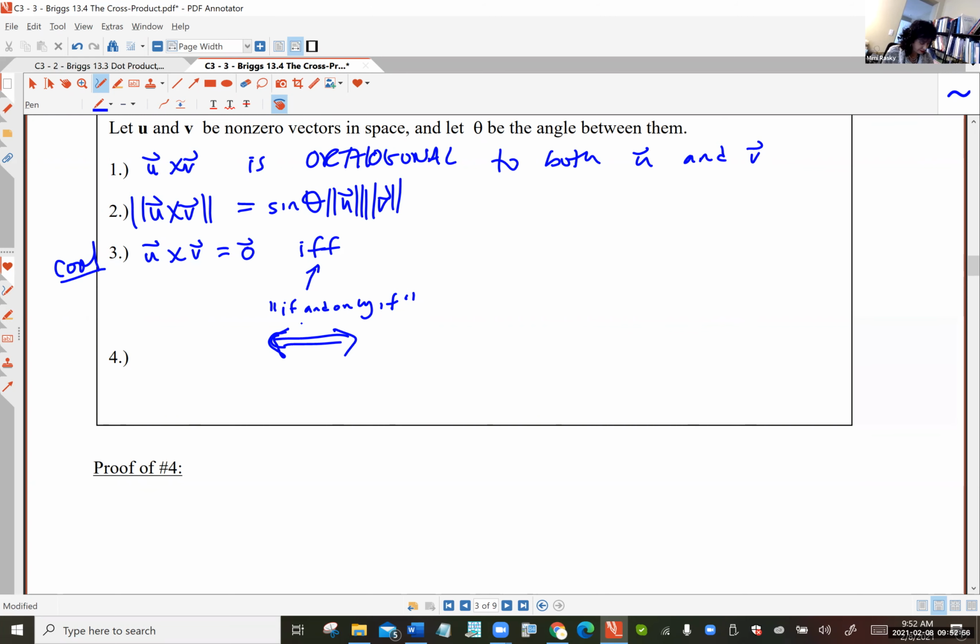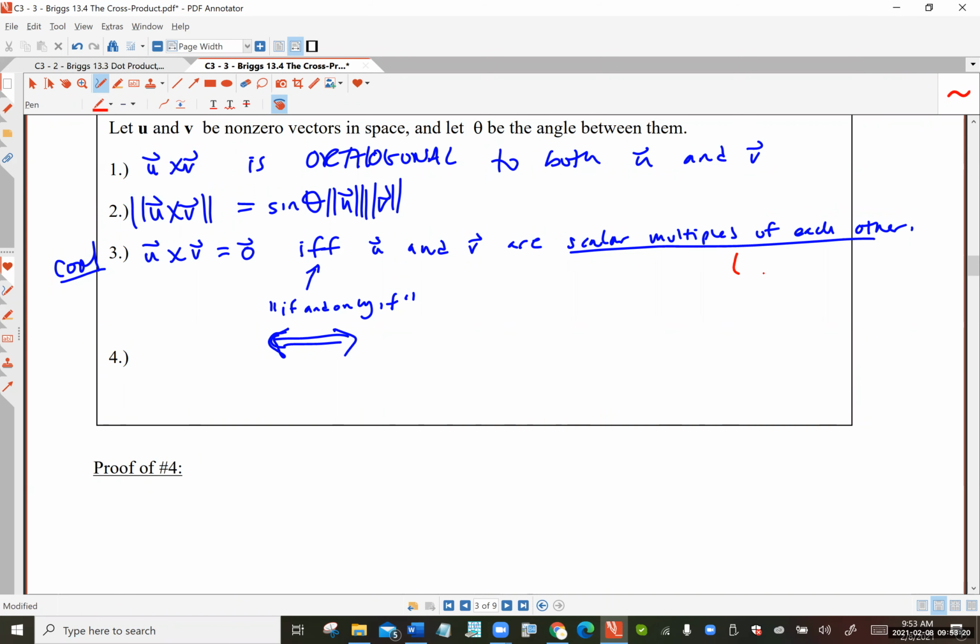maintains its validity. If and only if U and V are scalar multiples of each other. Now, from last week's material, what does it mean when two vectors are scalar multiples of each other? Does anybody remember the relationship geometrically?